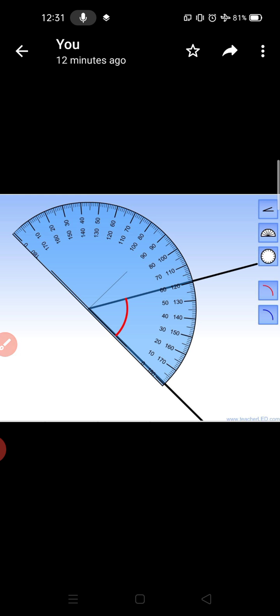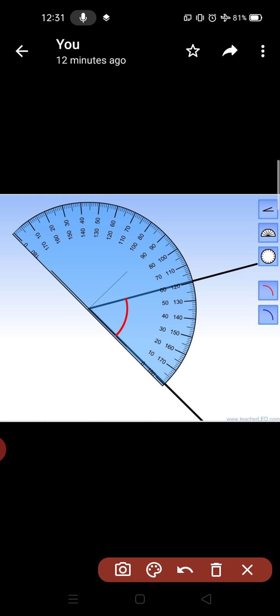Observe here. What may be the angle here? 60 degrees or 120 degrees? Here also the angle measure is 60 degrees. For example, this is X, O, Y. Here this is one end of the angle which coincides with the straight edge of the protractor.